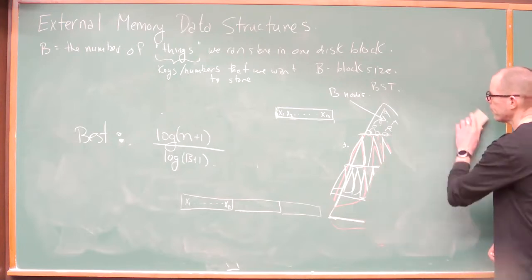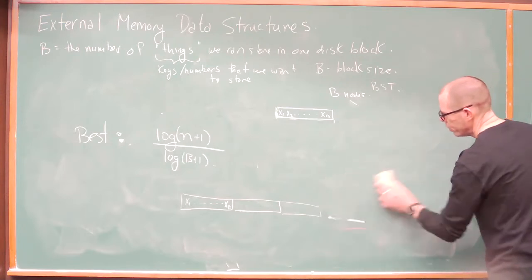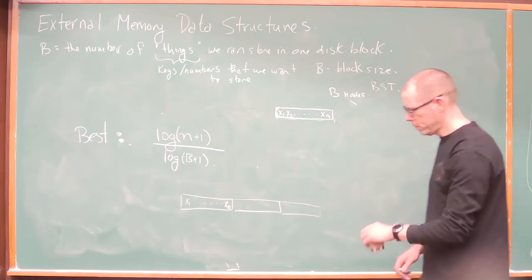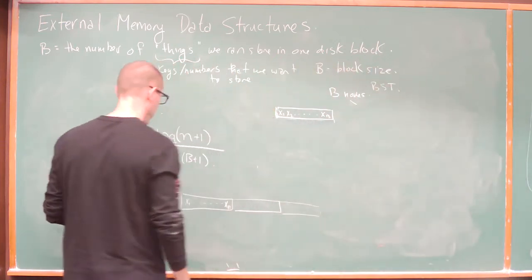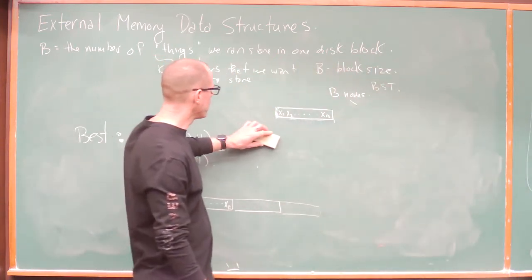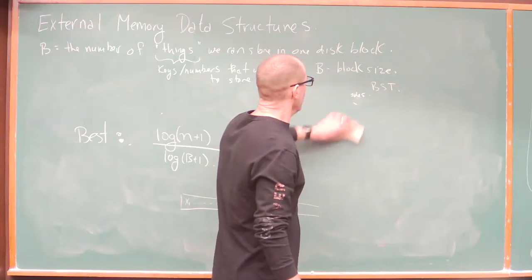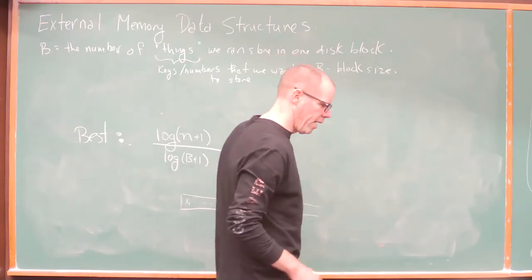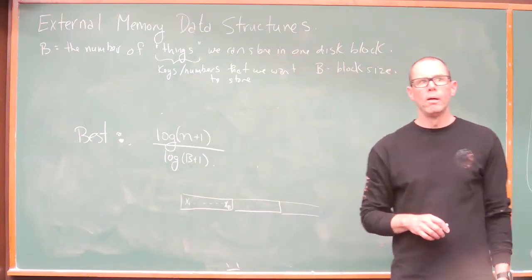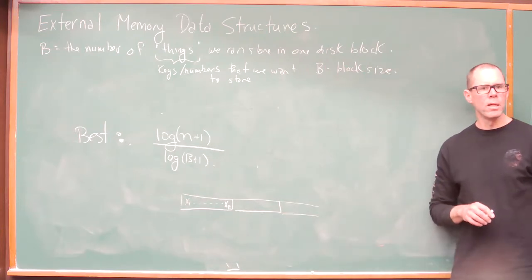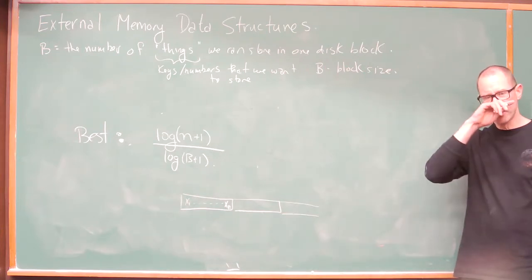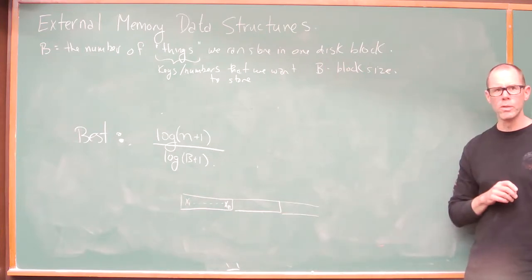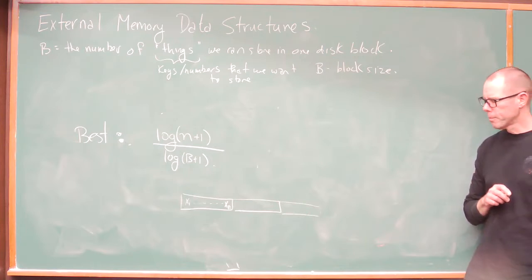And what if you want to do more than that? What if you want to add and remove things? Well, I think we've even seen an example of this in this course, something that's very close to this.